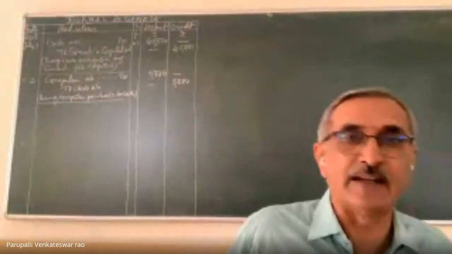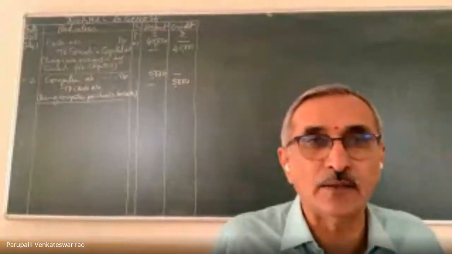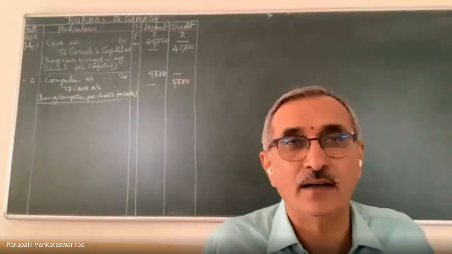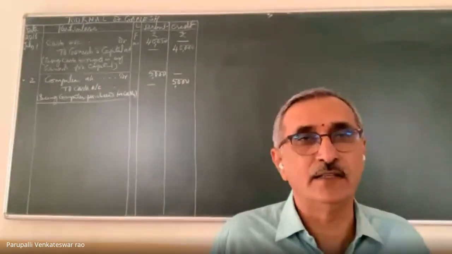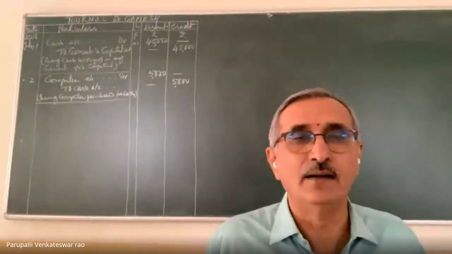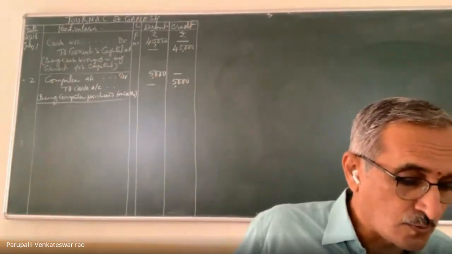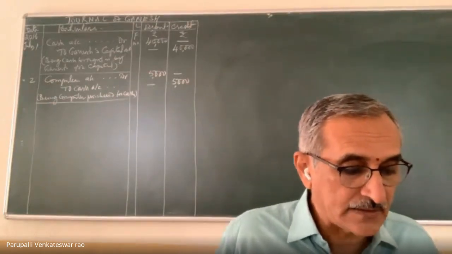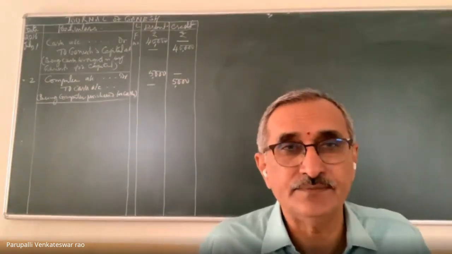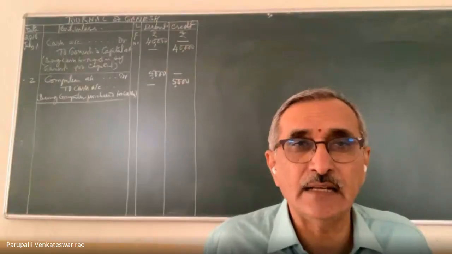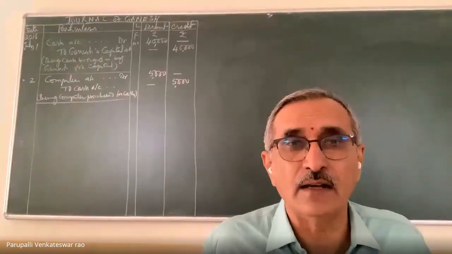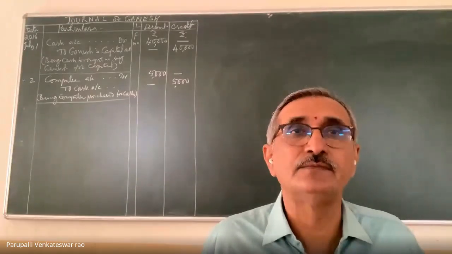Paid for stationery 500, July 12th. This is also an implied cash payment. Write the entry. It is on 12th. Stationery account debtor 500 to cash account 500.